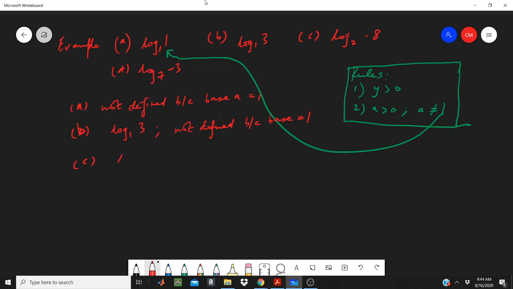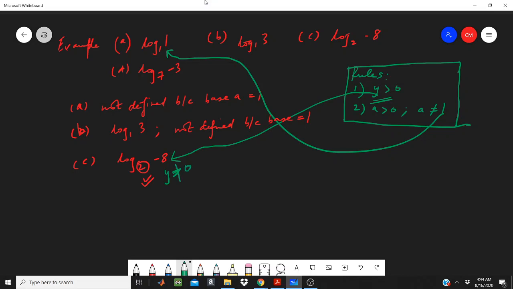In c, the base is fine, the base is 2, and that's completely okay. But we see that the y in this case is minus 8, and we know from our rules that y must be greater than 0. So y is not greater than 0.